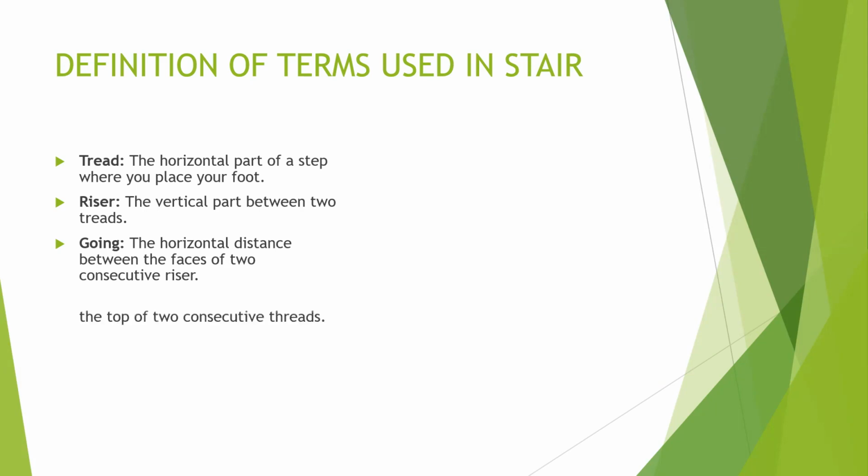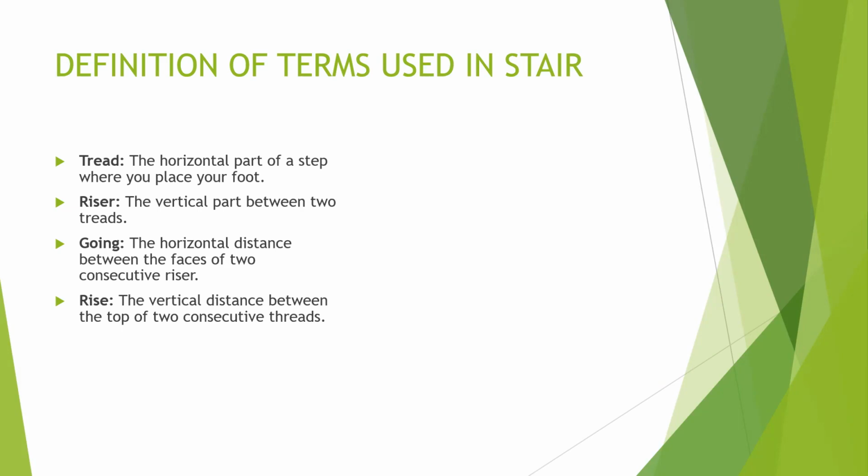Just like we have the going, we have the rise also. And as the going is for the tread, the rise is for the riser. So the rise is the vertical distance between the top of two consecutive treads.